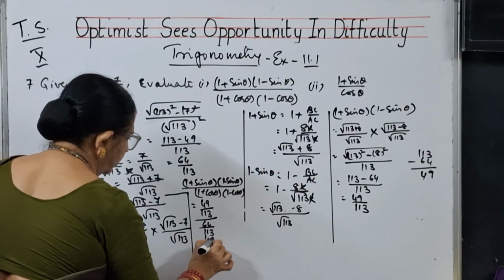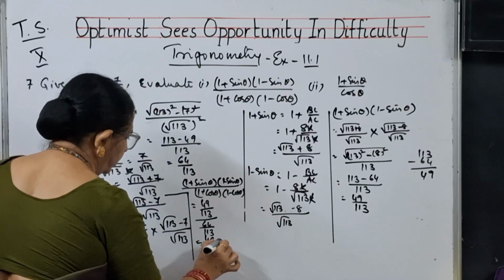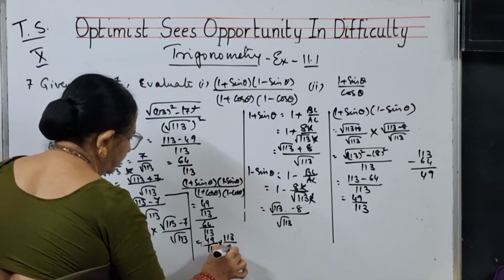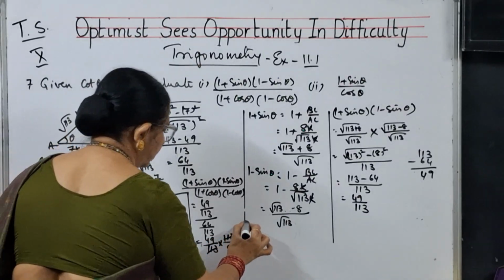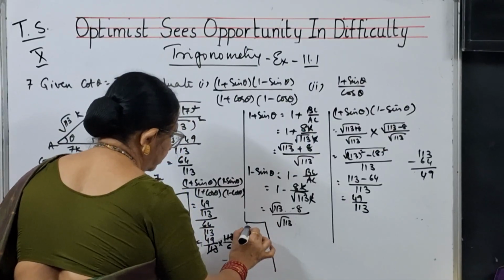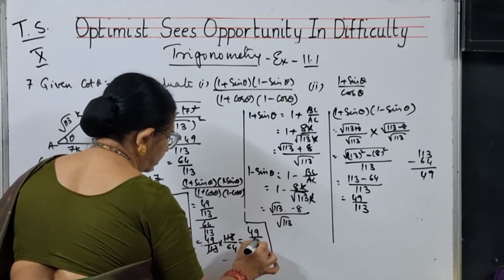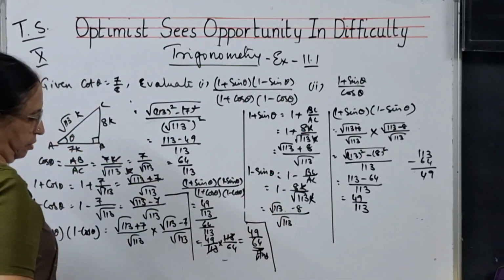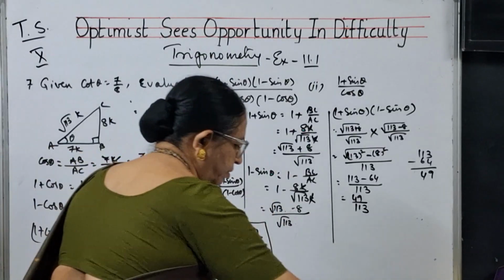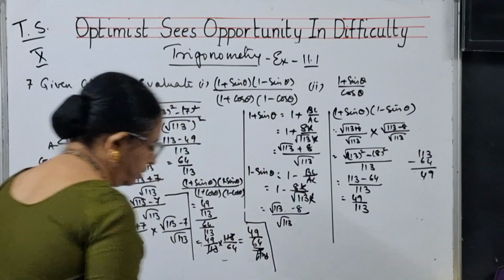That is equal to 49 by 113 into 113 by 64. These two will get cancelled. That is equal to 49 by 64. This is the answer. 49 by 64 is the answer for this sum, children.